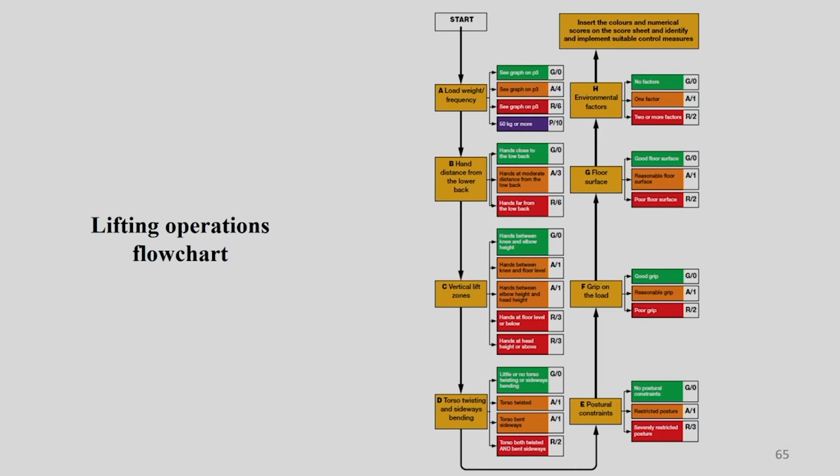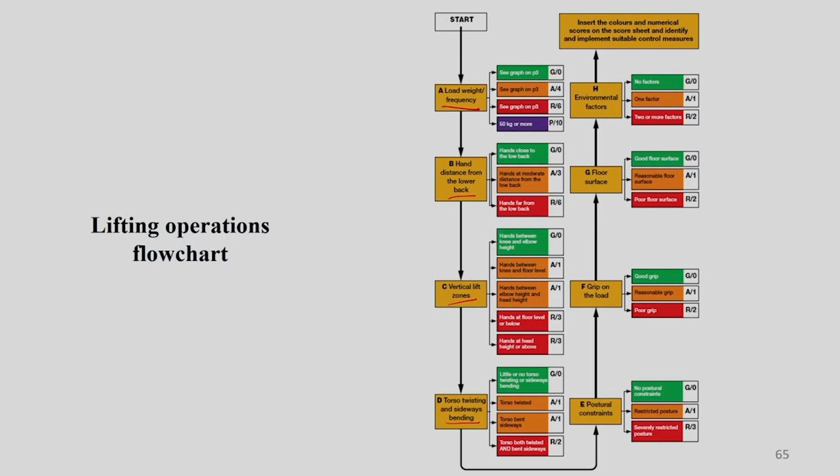So, A, B, C, D, E, F, G, H. These are the alphabetic representation. Load and weight, and frequency is for A. Hand distance from the lower back is B, vertical lift zone is C, torso twisting and sideway bending, which we did in RULA, REBA and all, right.